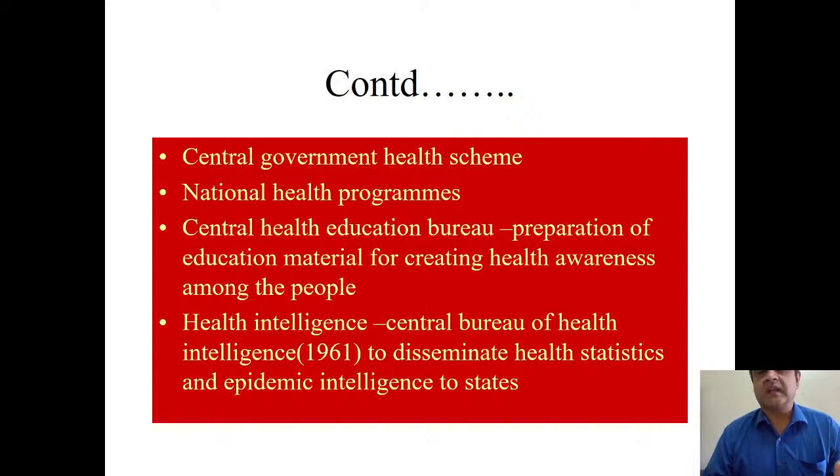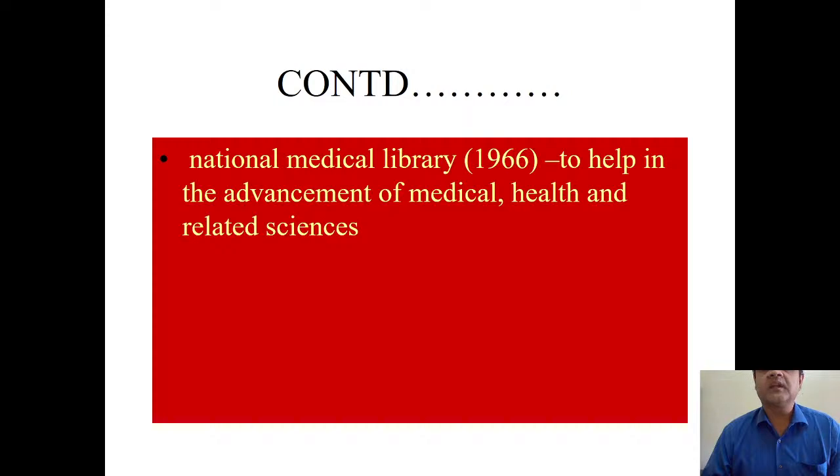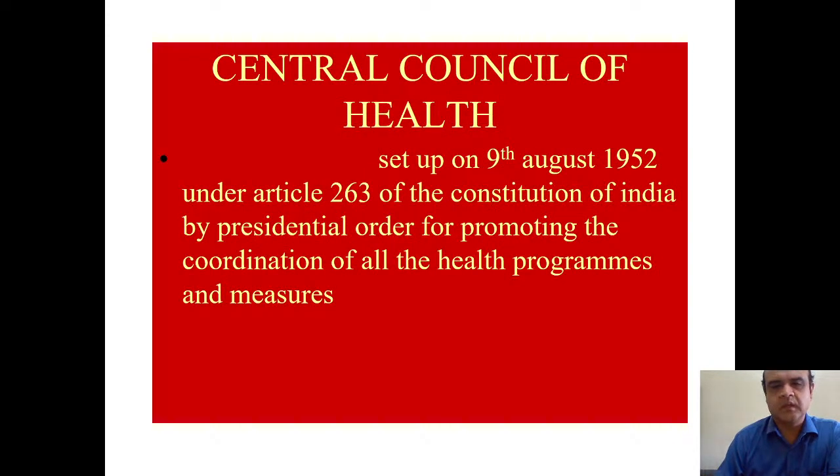As I said, it's kind of a detective and intelligence agency job. So we also have health intelligence agencies. National Medical Library, which was constructed in 1966 to help the advancement of medical and healthcare system.